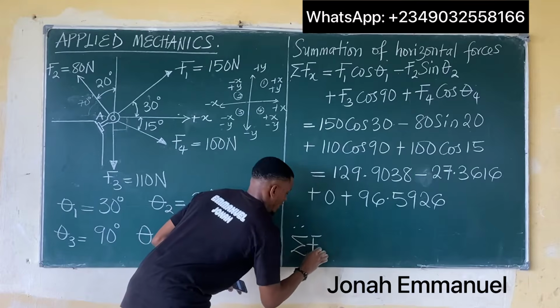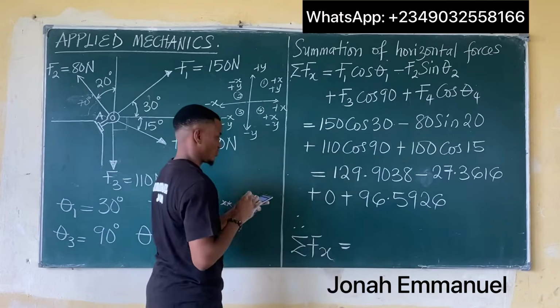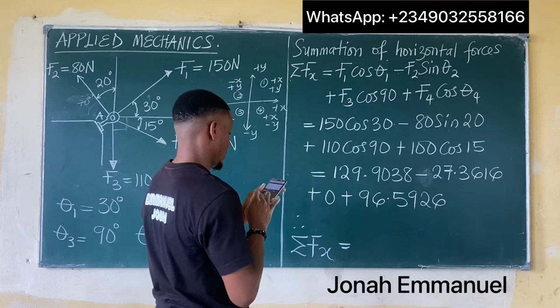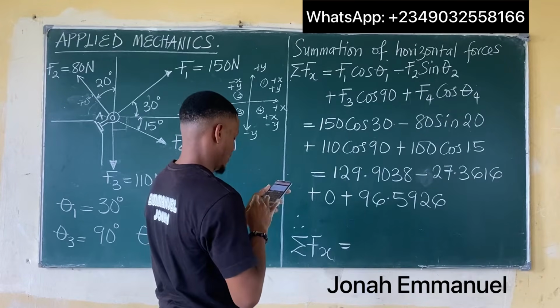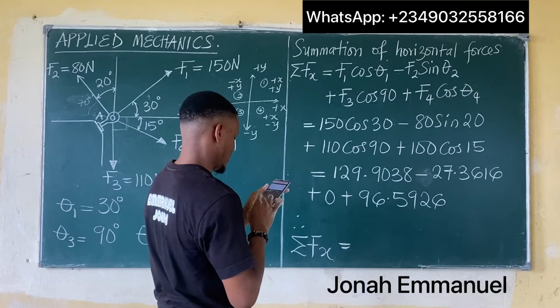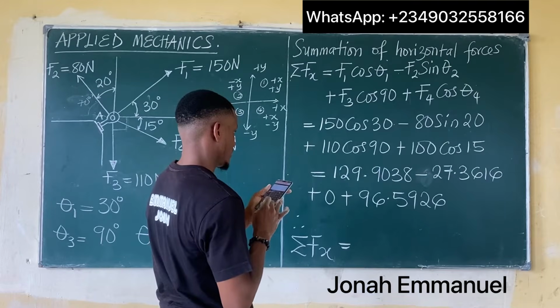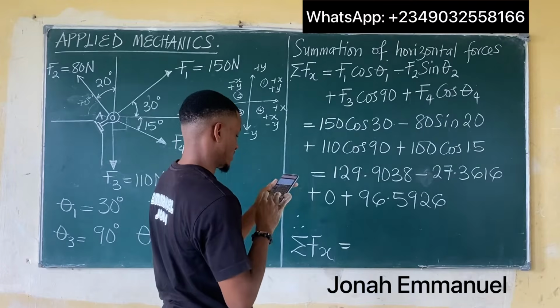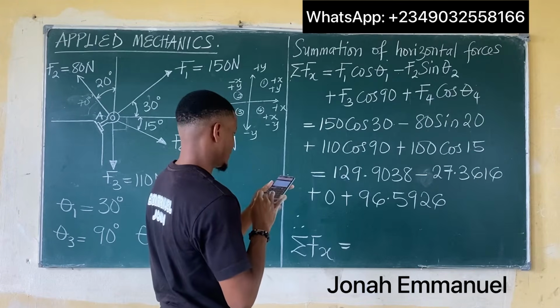So therefore, sigma Fx is equal to 129.9038 minus 27.3616 plus 0, which doesn't matter, plus 96.5926.